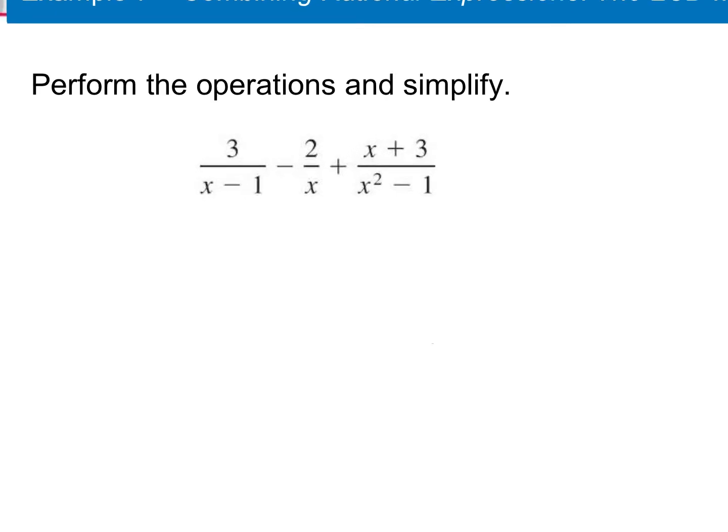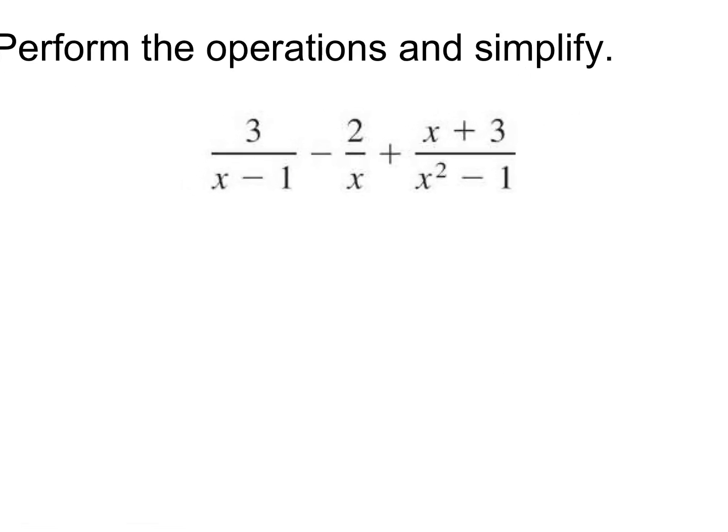So if we look at example 7, you're just performing the operations and simplifying. For this one, you're adding and subtracting. So what I suggest for you to do is to factor your denominators. When you're adding and subtracting, you don't need to factor your numerators, just factor your denominators. So that denominator of the third fraction here, that x squared minus 1, does factor to be x minus 1 times x plus 1.